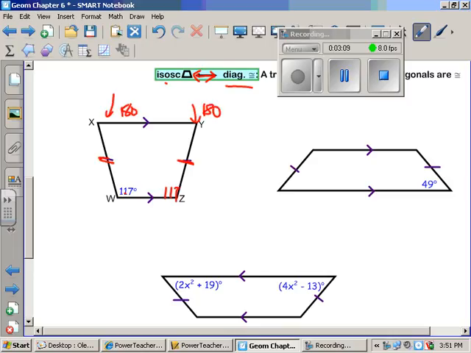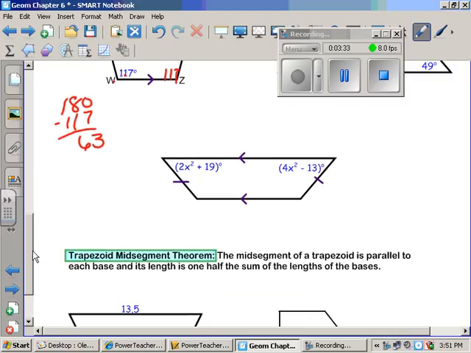So these two angles are supplementary. So I can do 180 minus 117, which is 63. So this angle is 63, and this angle is 63. Same thing over here. 49, 180 minus 49 is 131. Same thing here. I can set these equal to each other and solve.